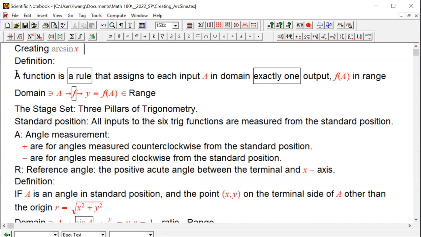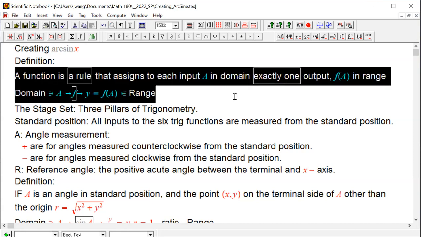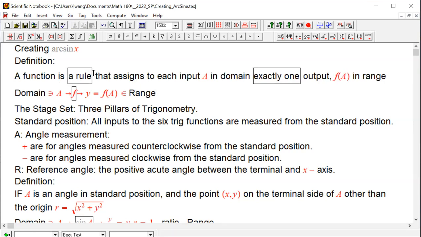That function has to satisfy this definition, where we create a rule that assigns to each input, whatever that input is, an output. That input can be X, can be A, can be whatever.